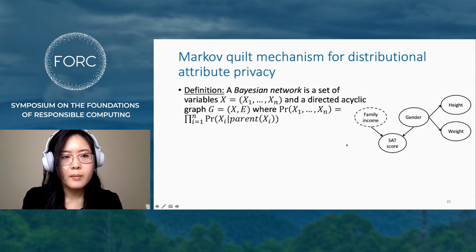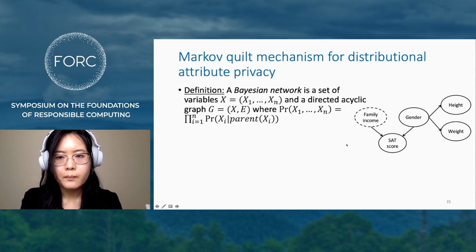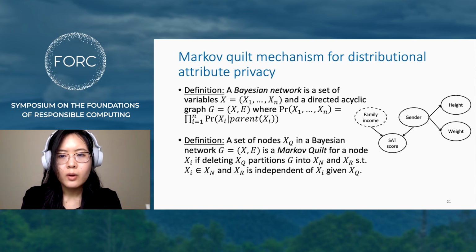The second mechanism is a Markov quilt mechanism. It satisfies epsilon-zero distributional attribute privacy, where the attributes can form a Bayesian network. We base our mechanism on the idea of a Markov quilt, which partitions a network of correlated random variables into those which are near a particular variable x_i and those which are remote.